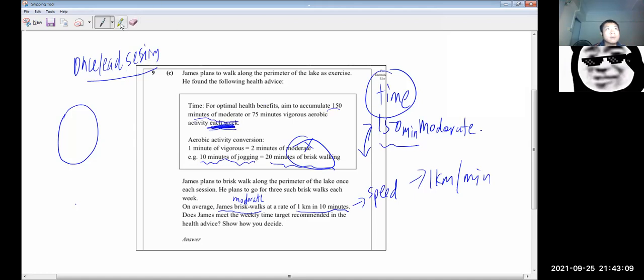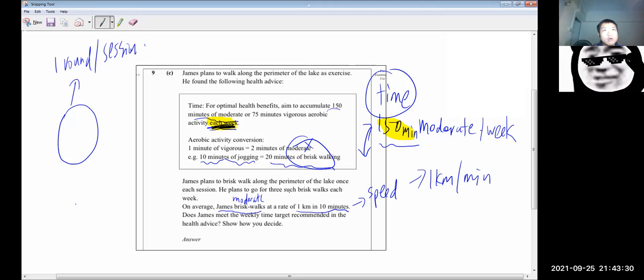So remember it's per week. Then you need to ask yourself, how many sections?